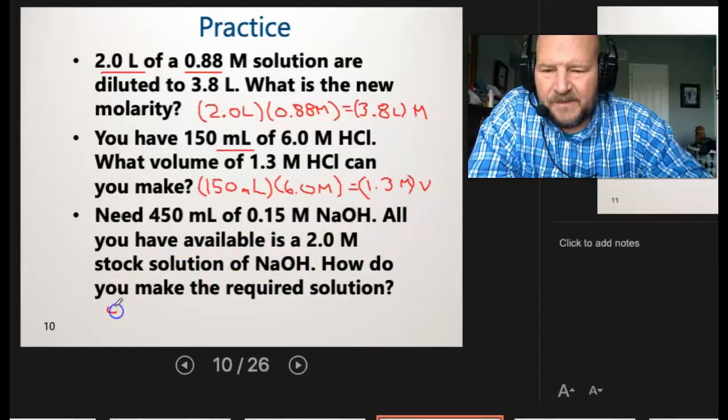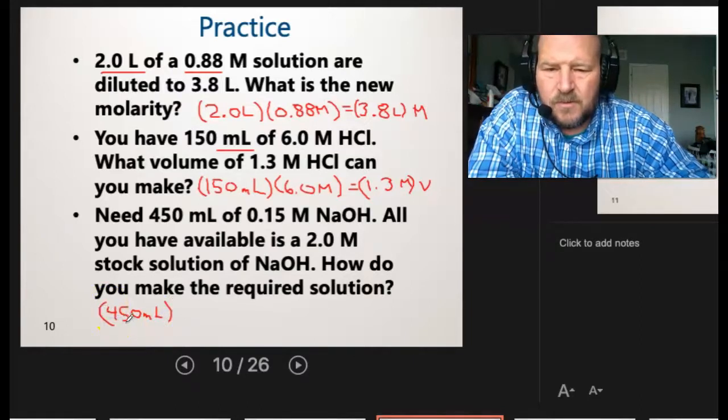So we're going to take 450 milliliters, and we want it to be 0.15 molar.